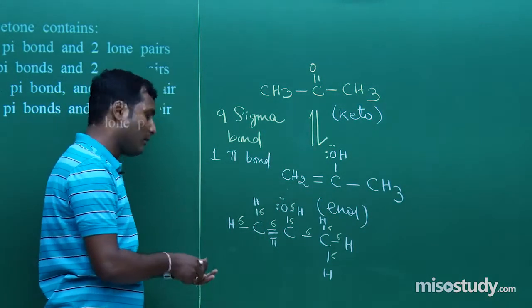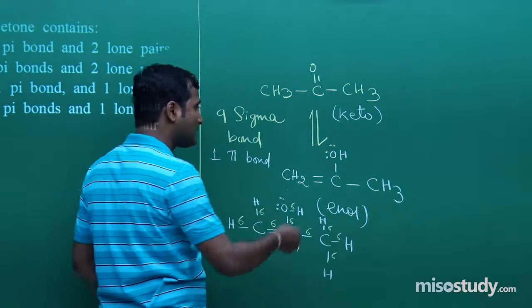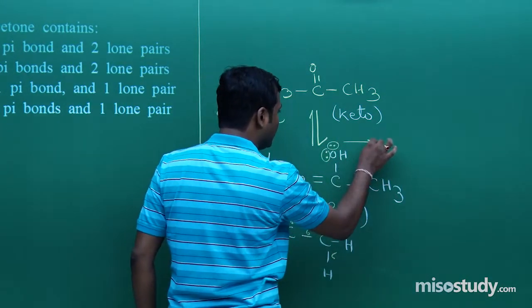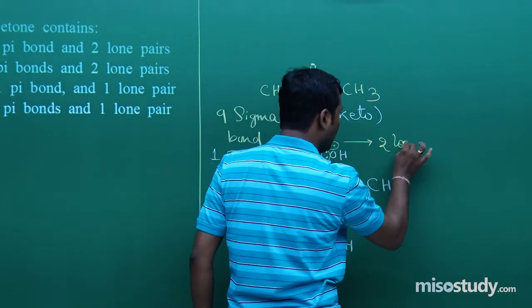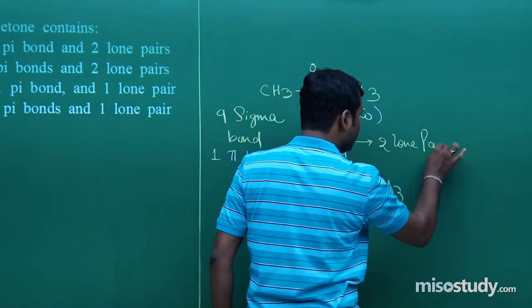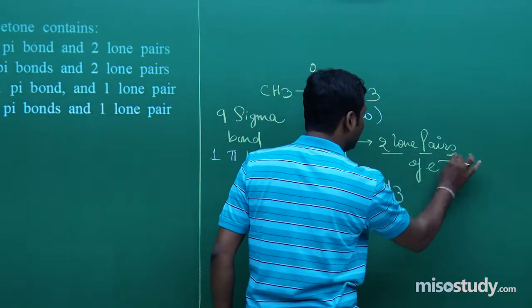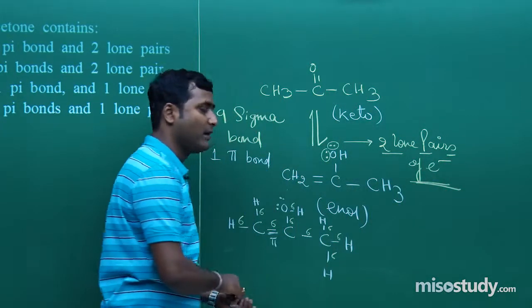Clear? Now the number of lone pairs of electrons. In this case 1 and 1, that is 2 lone pairs of electrons.